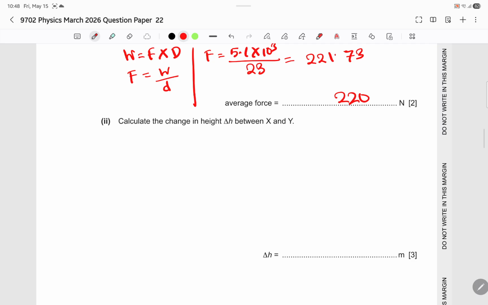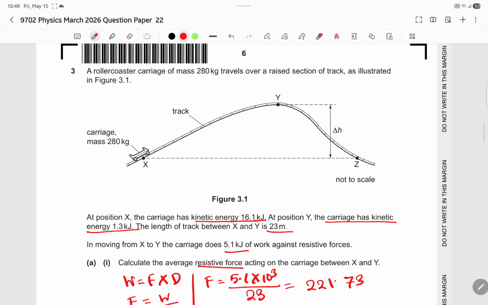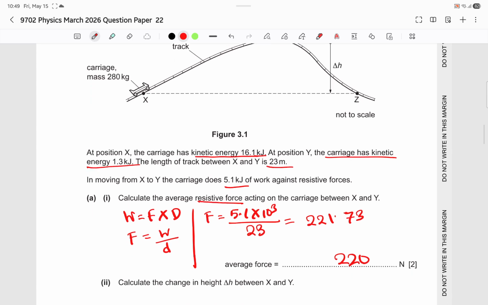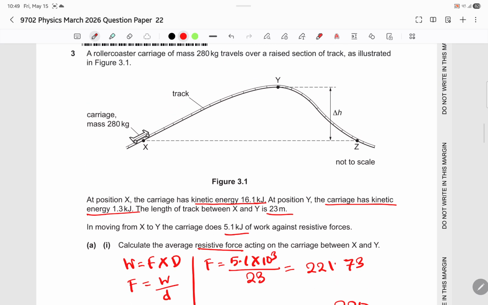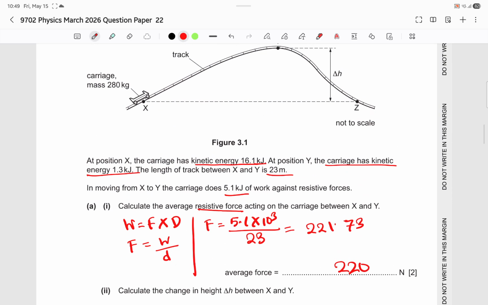Now, calculate the change in height between x and y. When the carriage is moving up the hill, up the racetrack, its speed is going to decrease while its gravitational potential energy will increase. We're given the kinetic energy at the starting point and the ending point. The kinetic energy at the ending point, which is y, is 1.3.